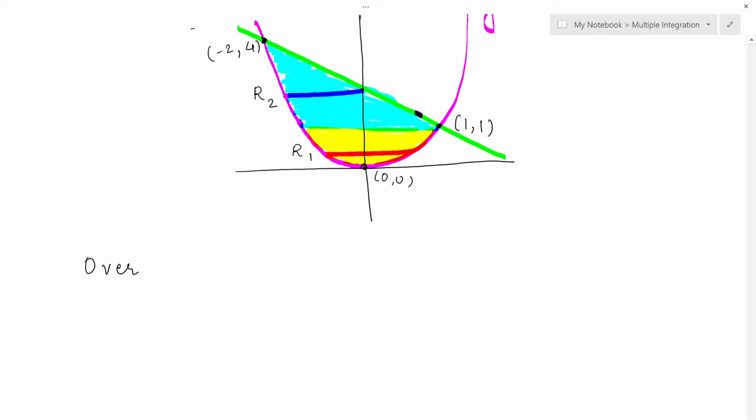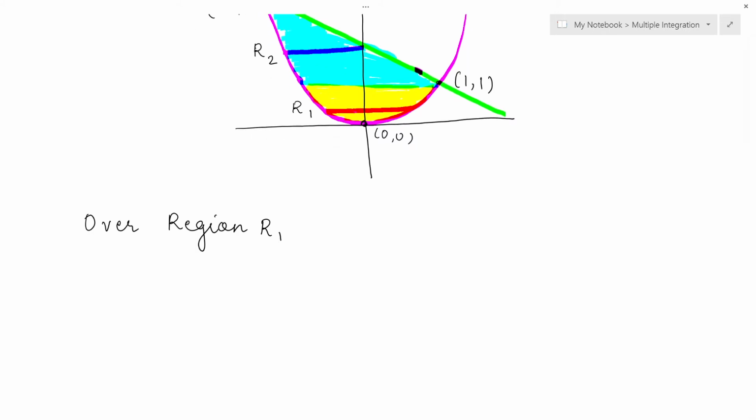First we will see over the region R1. That is the yellow part that I have shaded. So over the region R1, the ends of the horizontal strip touch the parabolic arcs. You can see in the region R1, here it is touching the parabola, here also it is touching the parabola. So the points of the parabola, what is the parabola? y is equal to x square.